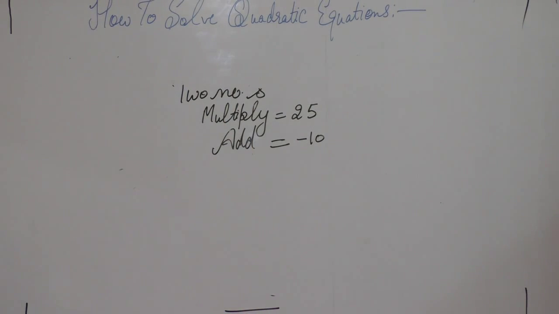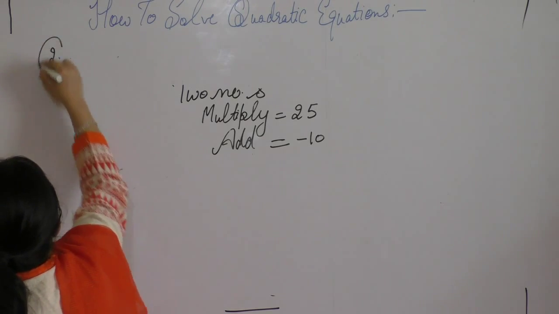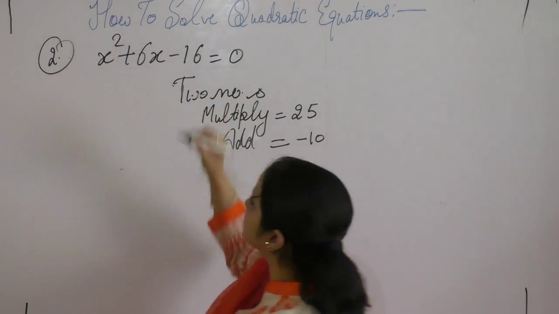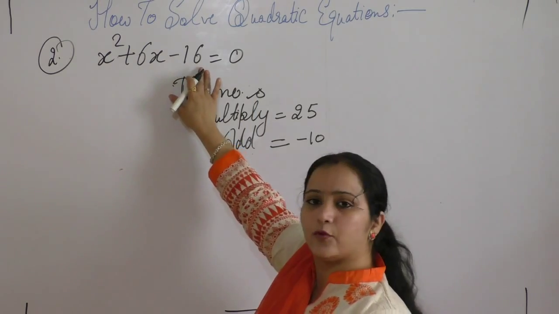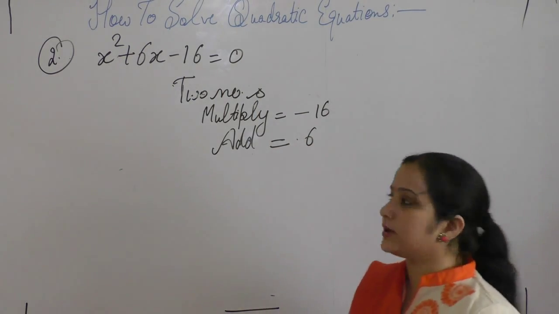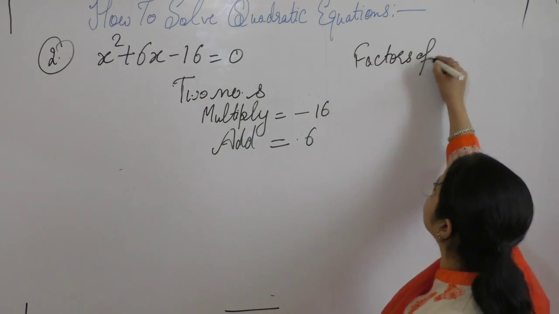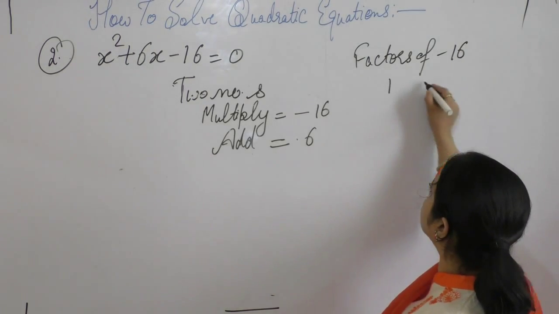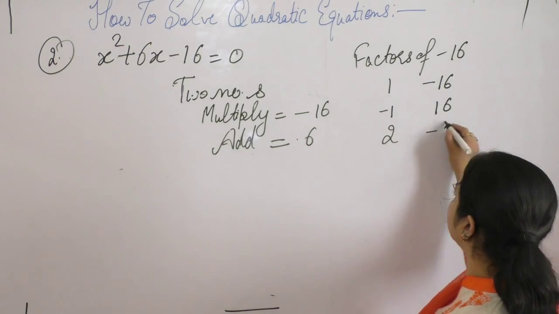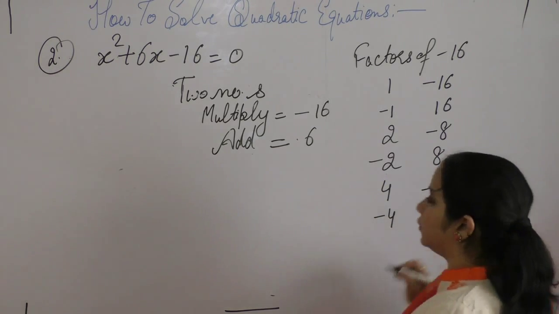So the next is x square plus 6x minus 16. The factors of minus 16 are: 1 into minus 16, minus 1 into 16, 2 into minus 8, minus 2 into 8, 4 into minus 4, minus 4 into 4.